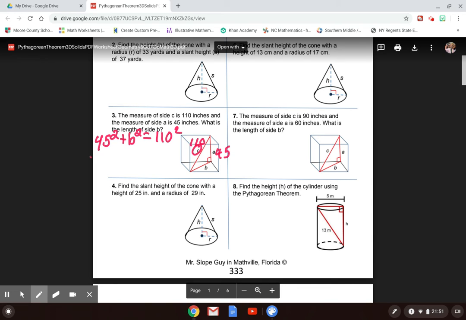So 45 squared is 2,025 plus B squared equals 12,100.